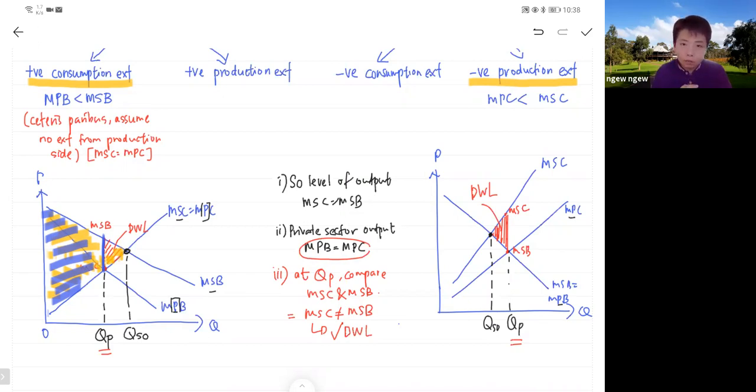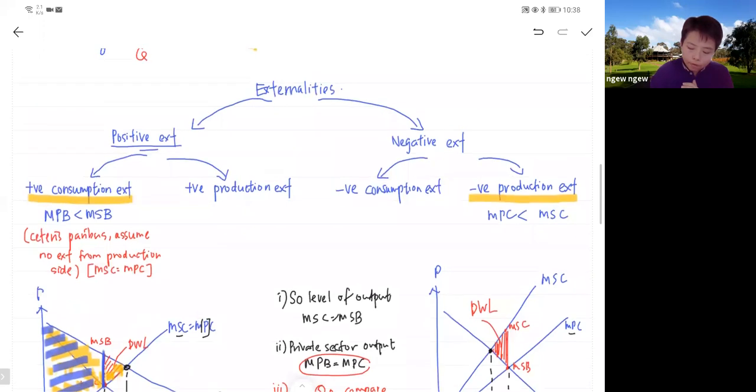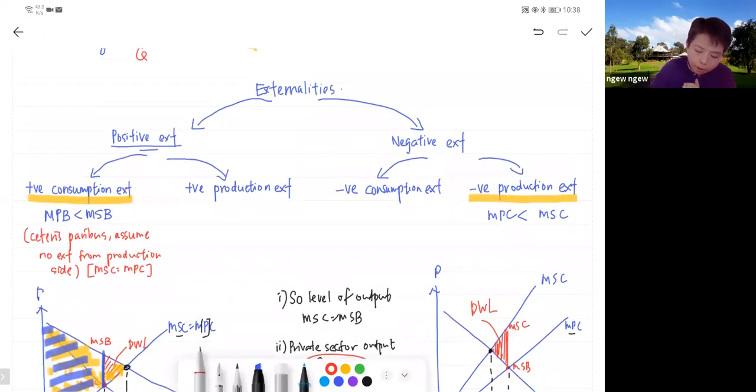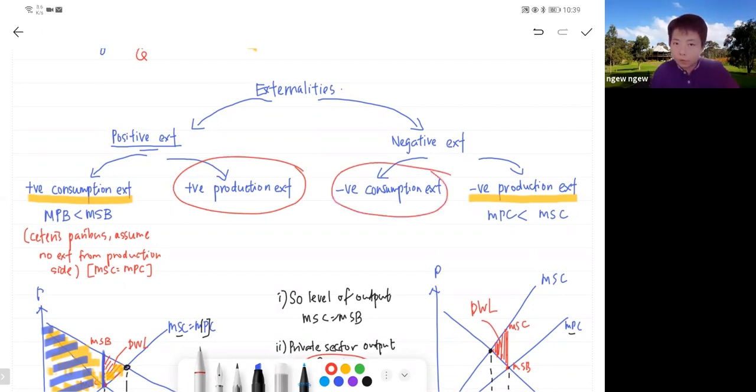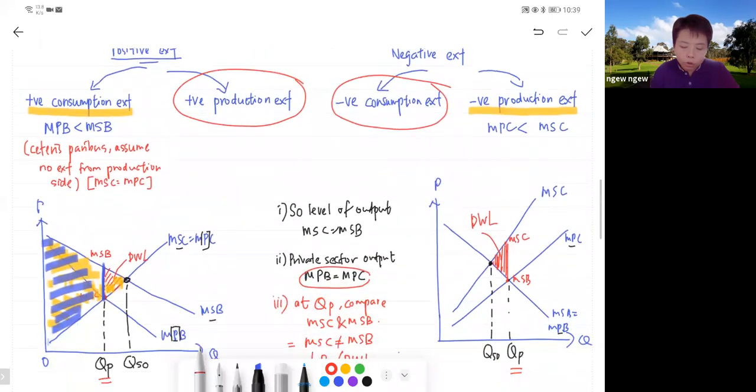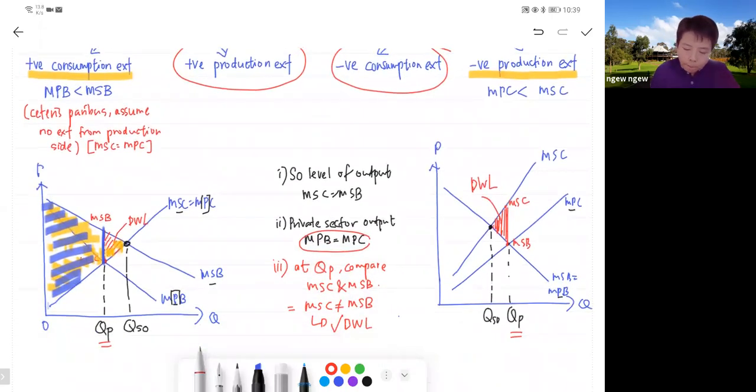And moving forward, let's look at another two examples, which is the positive production externality and negative consumption externality. Let's follow the same steps. And then we will start with positive production externality first.